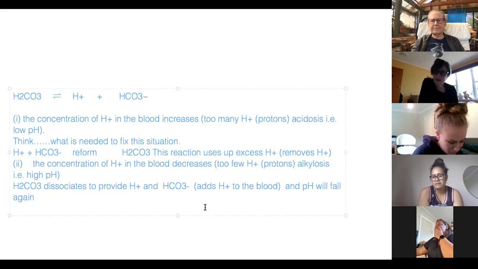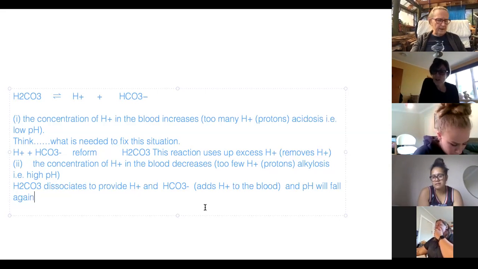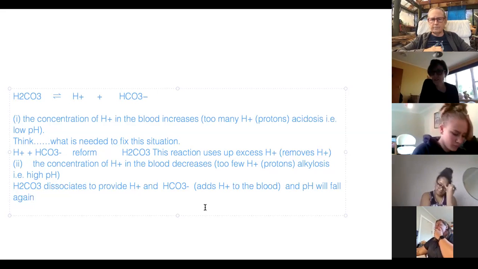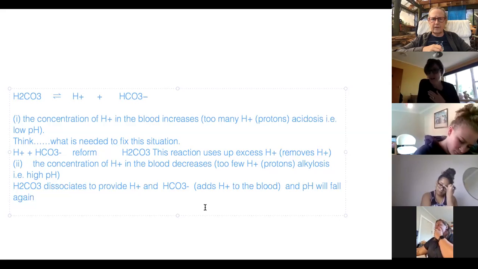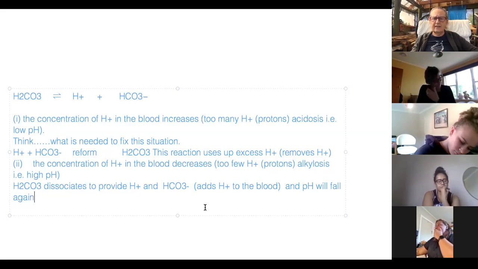So what does the bicarbonate do then? Is a heart attack then a question of acidosis or alkalosis? Because people get heartburn before they have a heart attack, isn't it? Yeah, so usually a heart attack is acidosis. Okay.